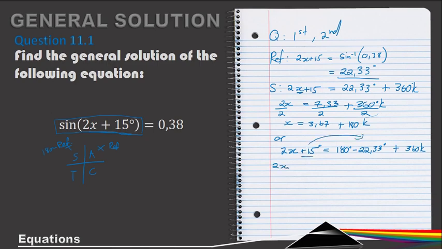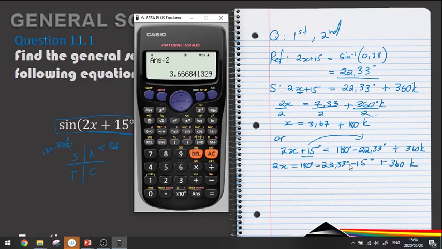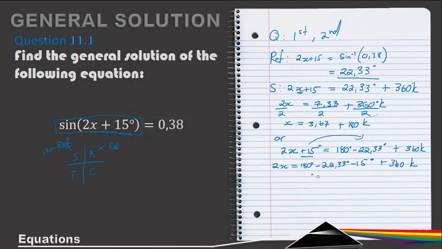I've got 2x is equal to 180 degrees minus 22,33 minus 15 degrees plus 360k. Simplify this. I have 180 minus 22.33 minus 15 gives me 142,67. So 142,67 plus 360k.